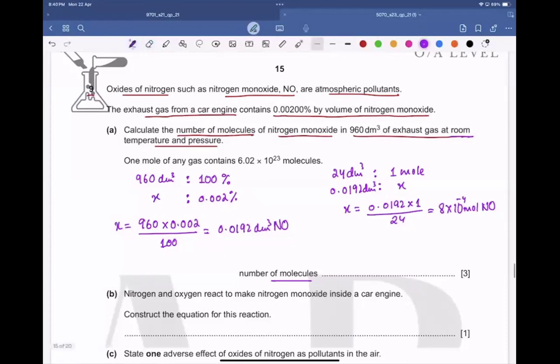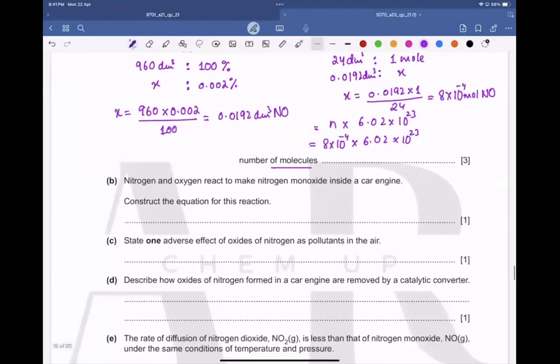Now you have to convert it into molecules, the number of particles. So the number of particles equals moles multiplied by Avogadro's number, which is 6.02 exponent 23. So the moles are 8 exponent minus 4 times 6.02 exponent 23. Can anyone multiply it and tell me the answer, please?